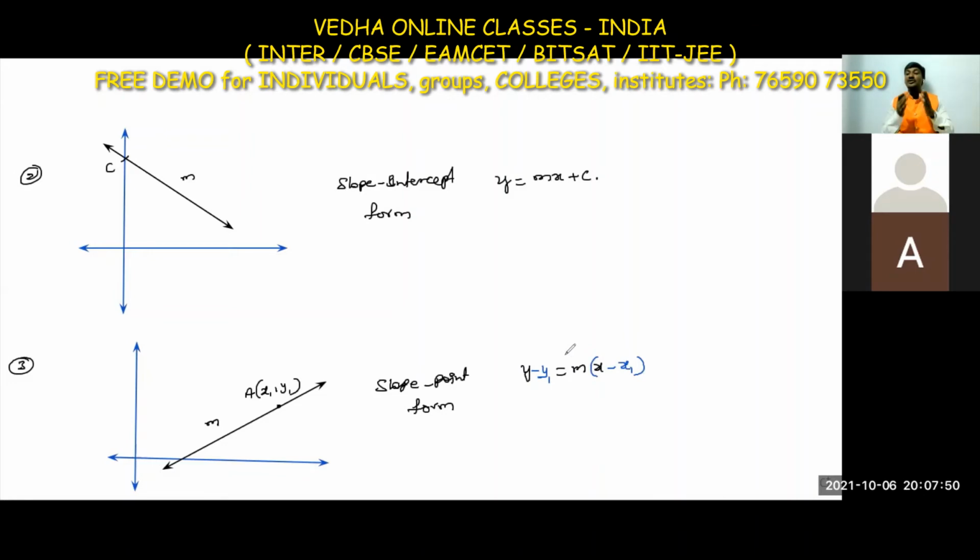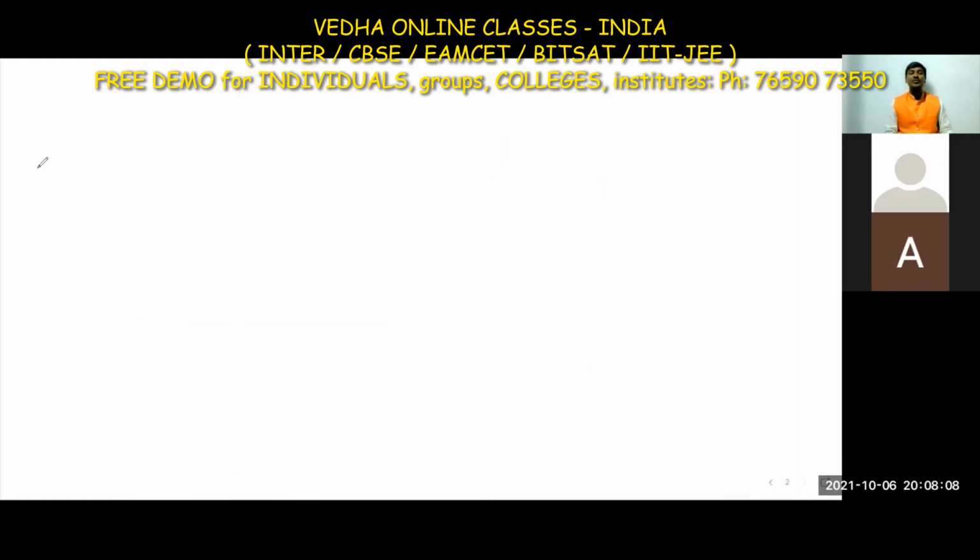Then it is slope point form. By using the slope and a point, we are finding the equation, so it is called slope point form. After that we have the two points form.